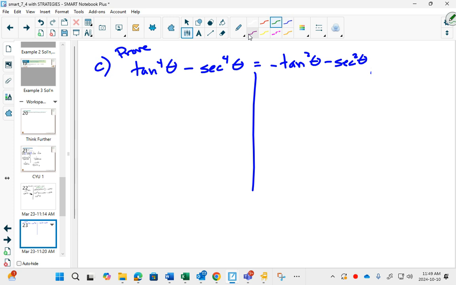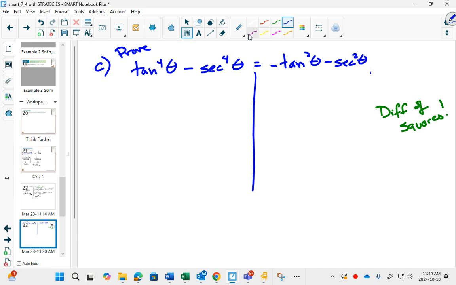In proofs, this strategy or this thing comes up a fair bit. Do you remember factoring differences of squares in grade 10? Like x squared minus 9 was x plus 3, x minus 3. That's a difference of squares. The left side is a difference of squares.